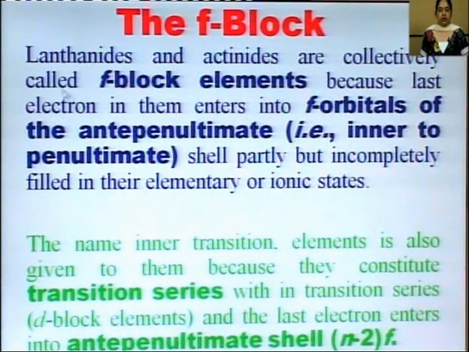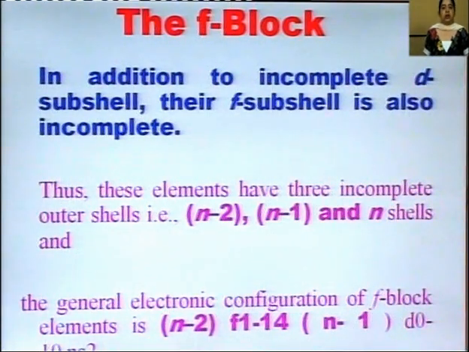The name inner transition elements is also given to them because they constitute a transition series within the transition series of d block elements, and the last electron enters the antepenultimate shell, (n-2)f. In addition to an incomplete d subshell, their f subshell is also incomplete.